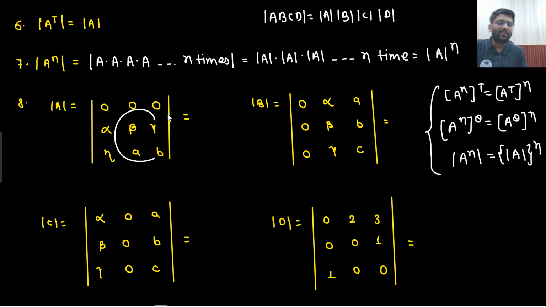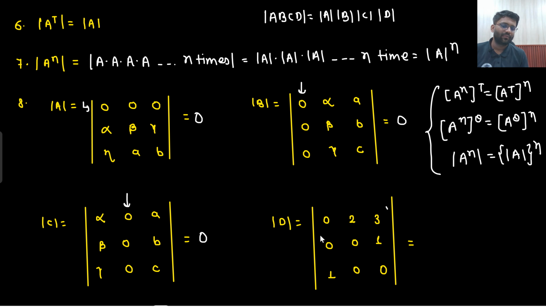So 0 multiply with something is 0, and 0 plus 0 plus 0 will be 0. Here I will do the expansion with respect to first column. 0 multiply with something 0, 0 multiply with something 0, the answer will be 0. Here I will do the expansion with respect to second column. 0 multiply with something plus 0 multiply with something plus 0 multiply with something will be 0.